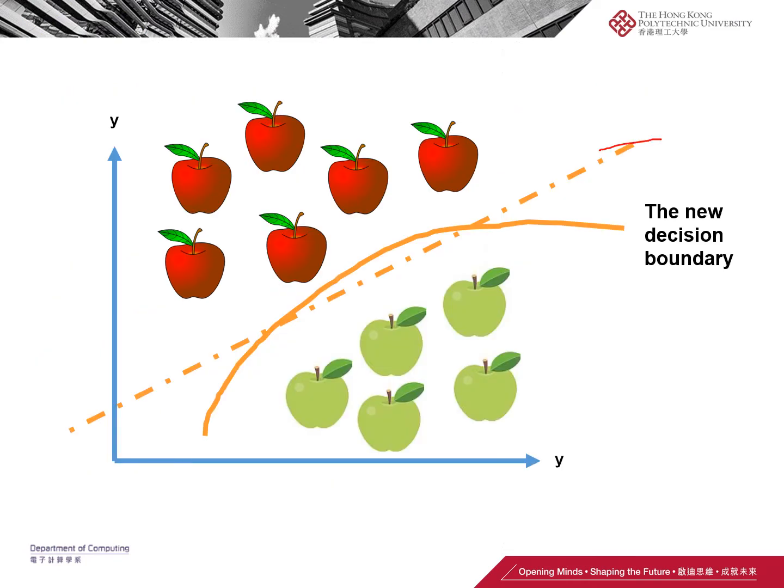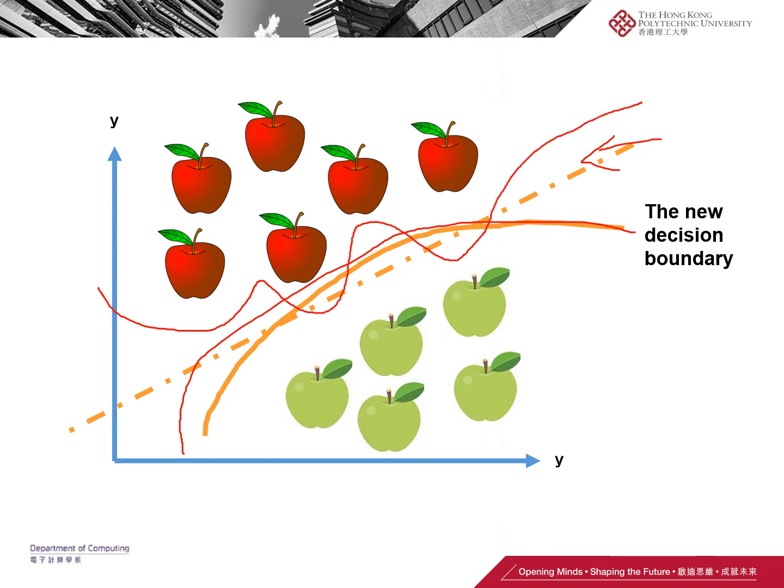This is the one generated with the previous neural network, and this is probably the one with the new network. By adding more nodes, edges, and layers, we can generate an even more complex decision boundary like this.